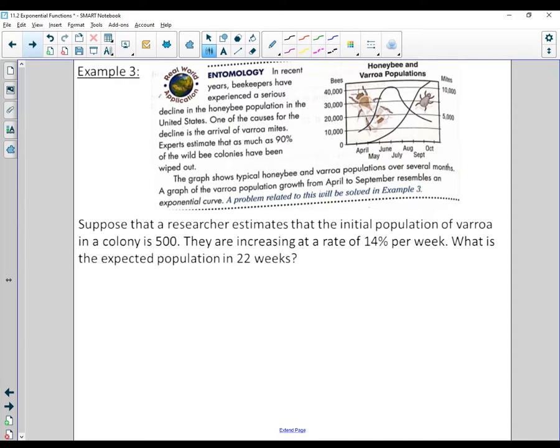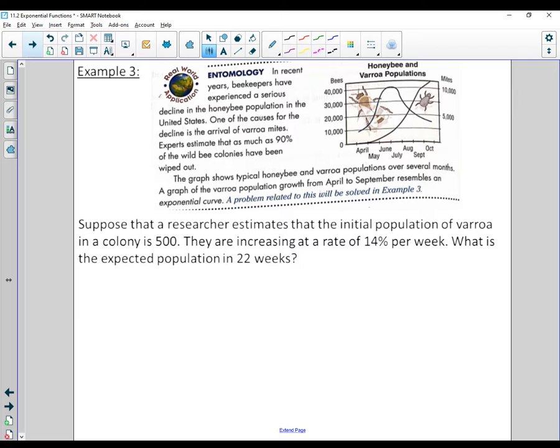In recent years, beekeepers have experienced a serious decline in the honeybee population. That's sad and also really bad for us. In the United States, one of the causes for the decline is the arrival of Varroa mites. Experts estimate that as much as 90% of the wild bee colonies have been wiped out.